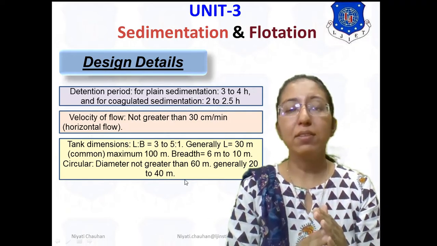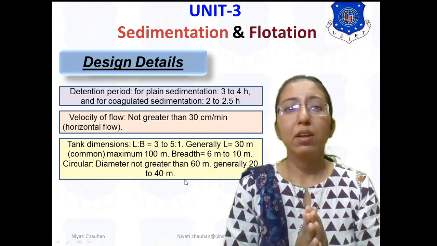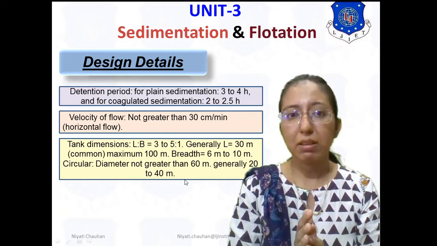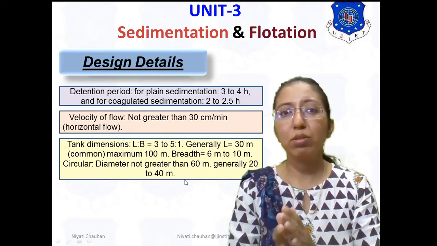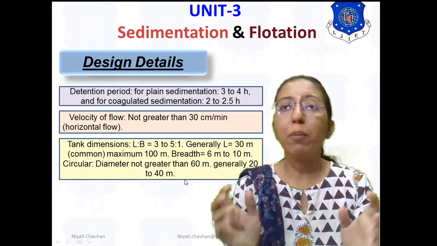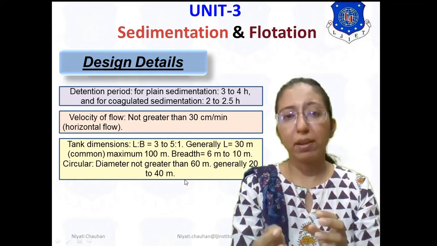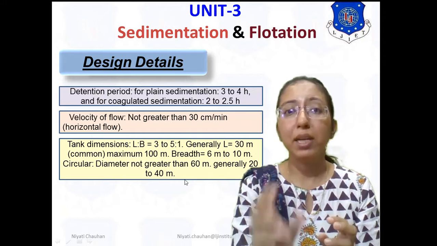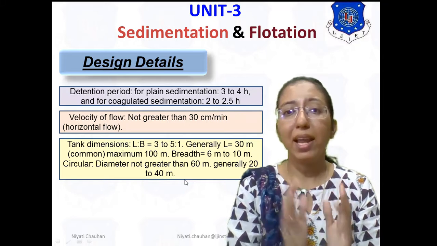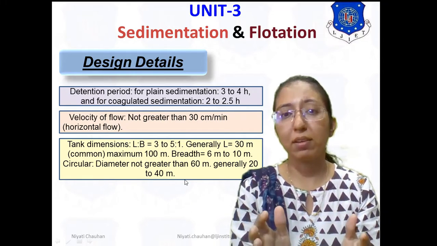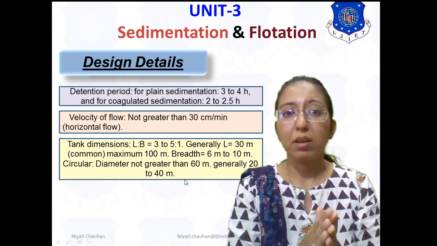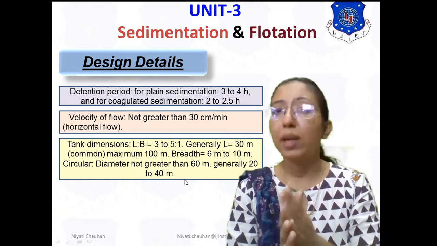So here we have a given ratio. Length should be greater compared to breadth: length should be 3 to 5 and breadth should be 1. Here we have given dimensions: length is, suppose, 30 meters minimum and maximum 100 meters, and breadth should be 6 meters to 10 meters.